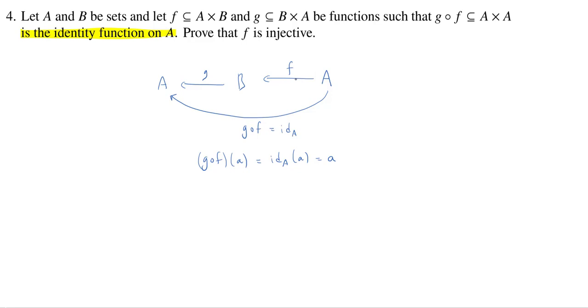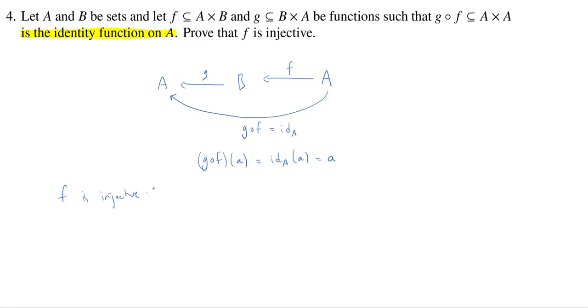Okay, well, what does it mean to be injective? Right, so F is injective. Well, colloquially, we might say that there are no collisions, right? That is, you don't have two elements from A which are mapped to the same image.